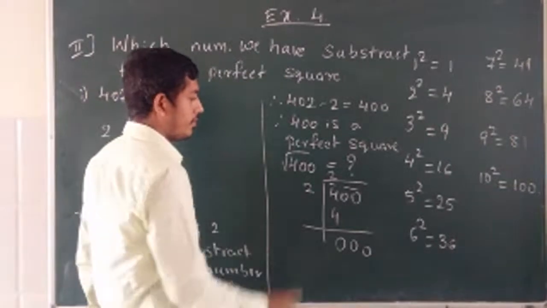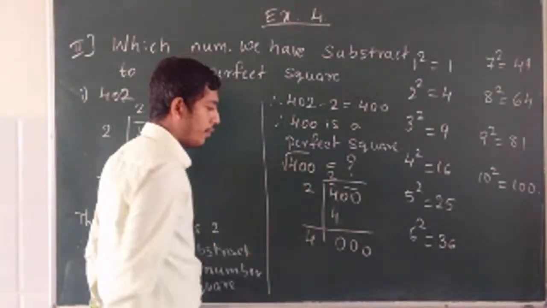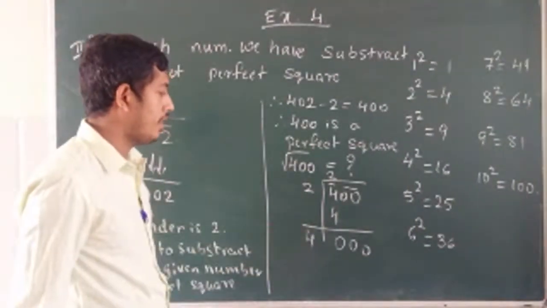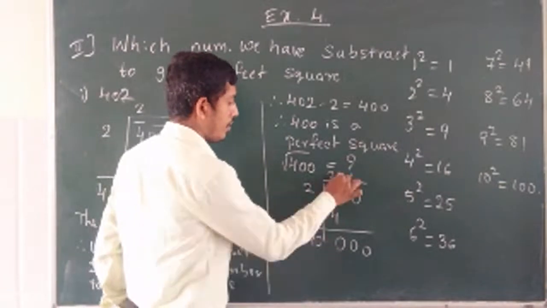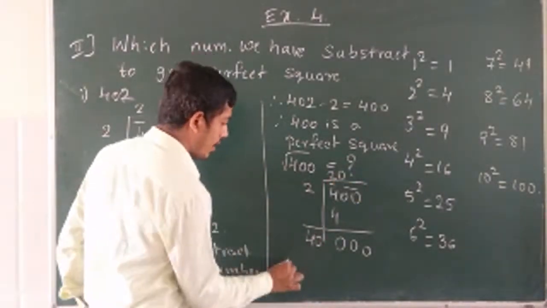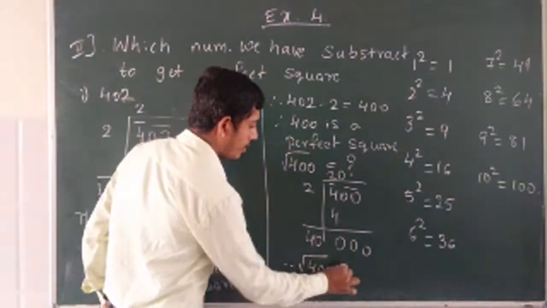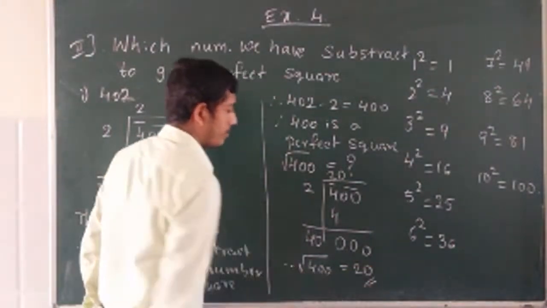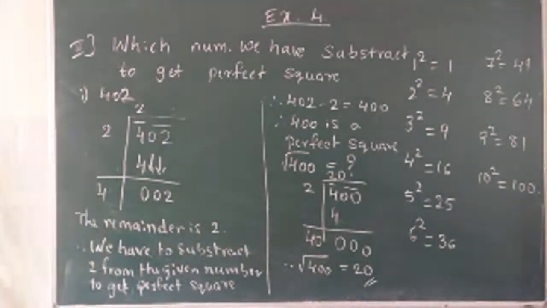Then 2 plus 2, it is 4. Then that is 0. We have 40 into 0, that is 0. Therefore, square root of 400 is 20. Just look at the steps.